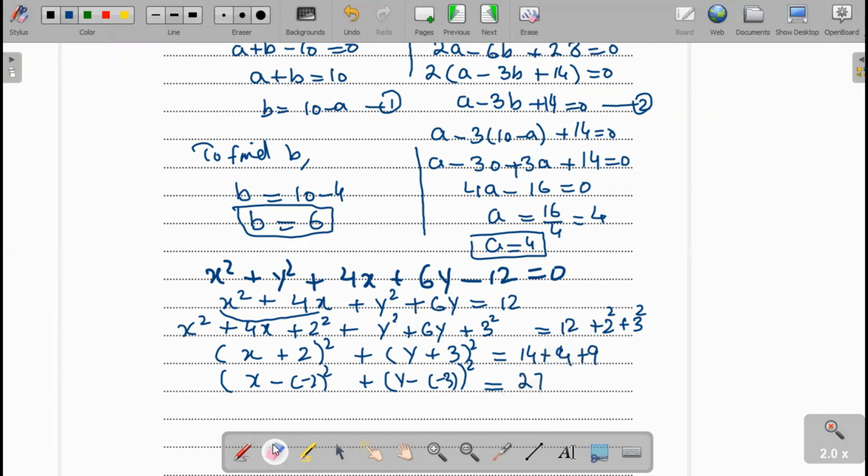Sorry, this is the 12. Now we get 12 plus 4 plus 9, that is 25.